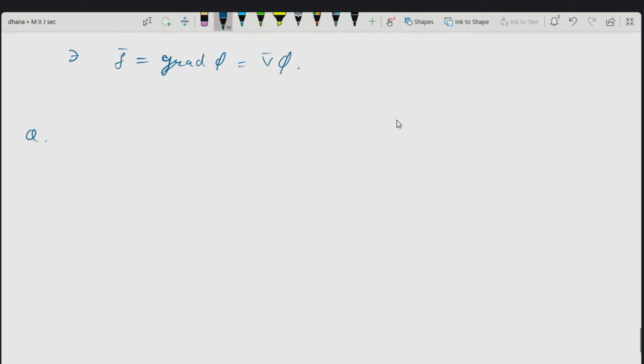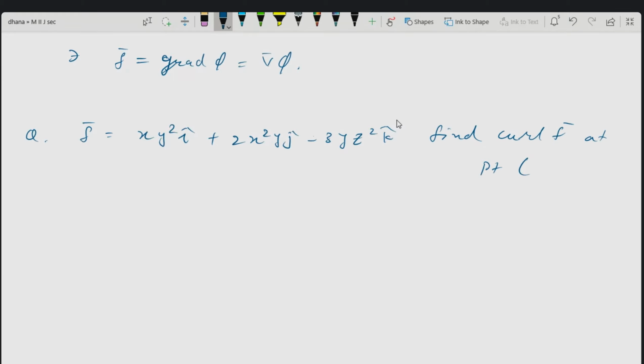Suppose f bar is x y square i cap plus 2x square y j cap minus 3y z square k cap. You need to find the curl of f bar at a point. So first calculate the curl of f bar, you will get a vector in terms of x, y, z, and at a point means just replace x, y, z with 1, minus 1, 1.